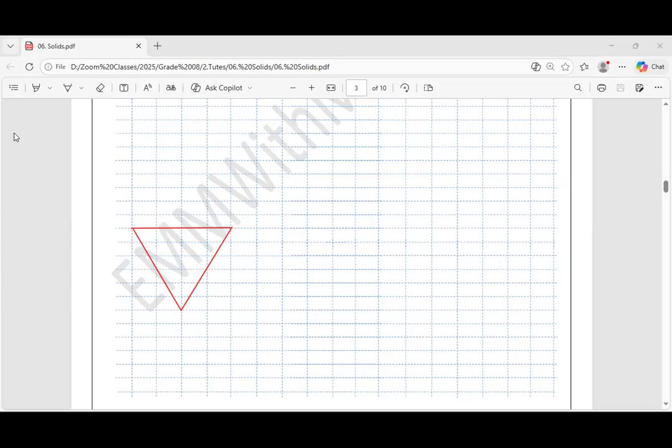So by using the same scale, I am going to draw another 2 triangles like this. Please let me know once you finish.